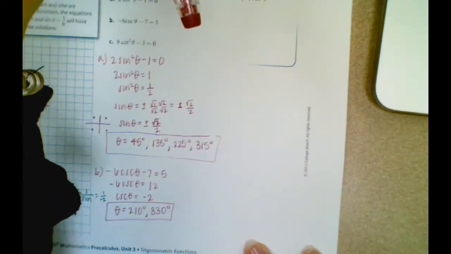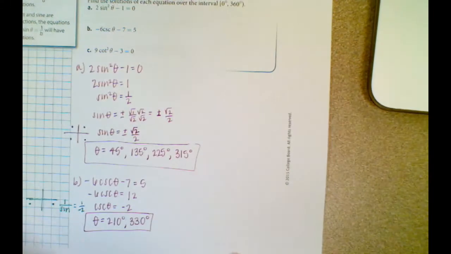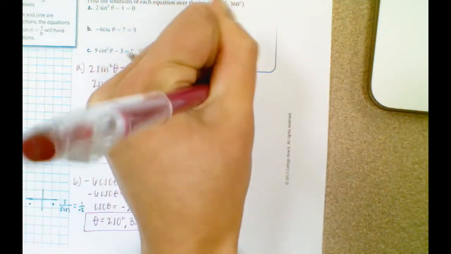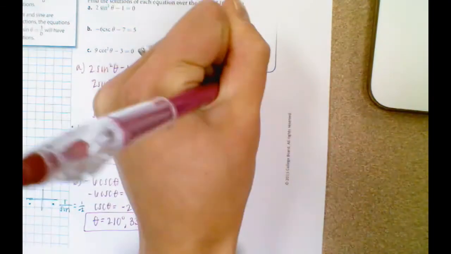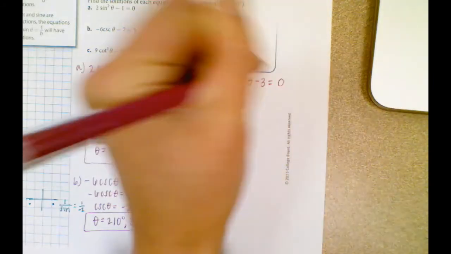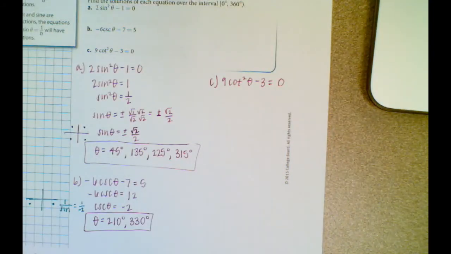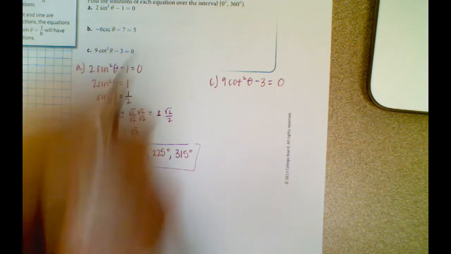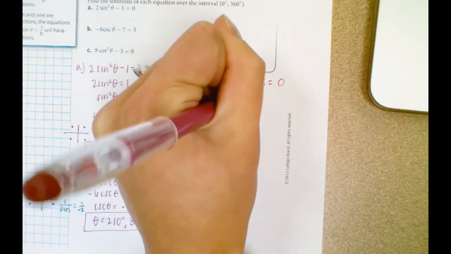And the last example, letter C. We have 9 cotangent squared theta minus 3 equals 0. Okay. All right, so I'm going to add 3 to both sides, get rid of that junk.